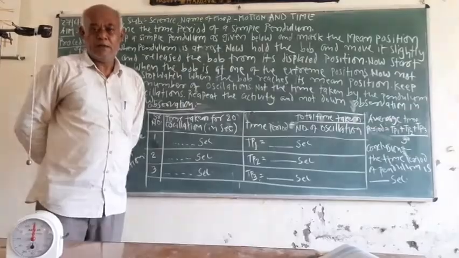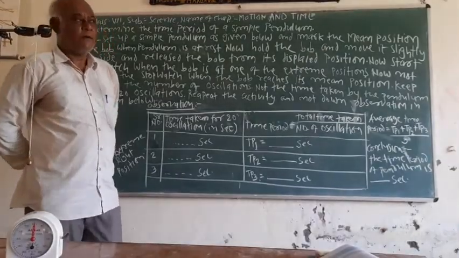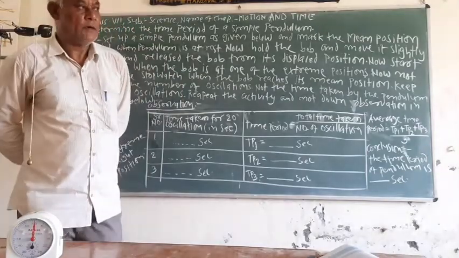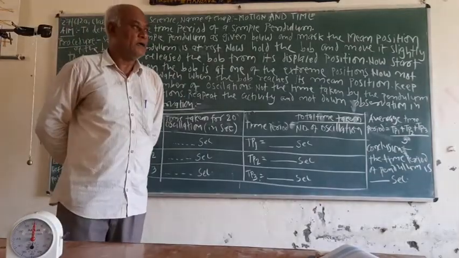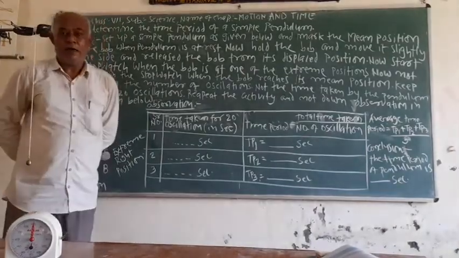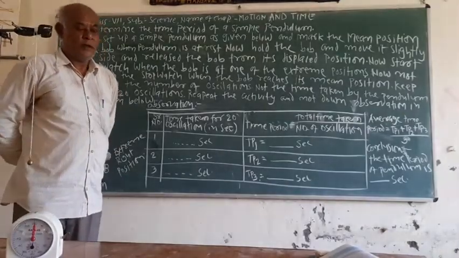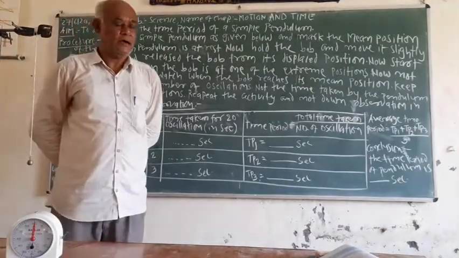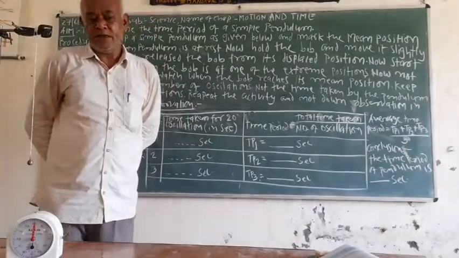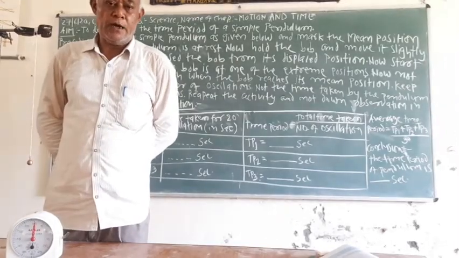In last period we learned about a simple pendulum. We know that a simple pendulum consists of a bob tied with a thread and hung from a rigid support in such a way that the bob can easily move to either side.